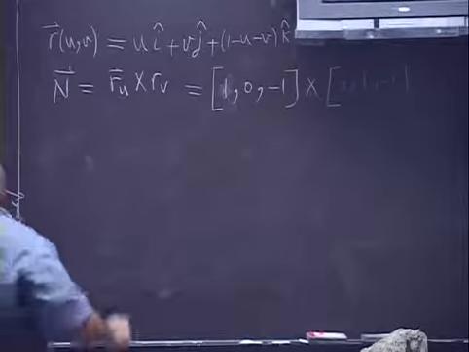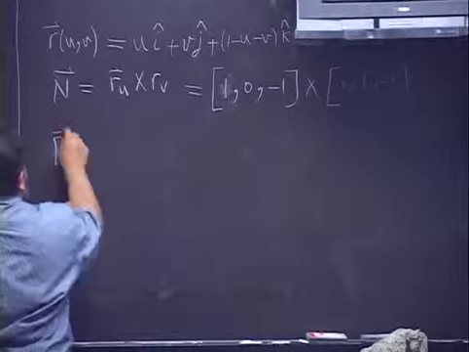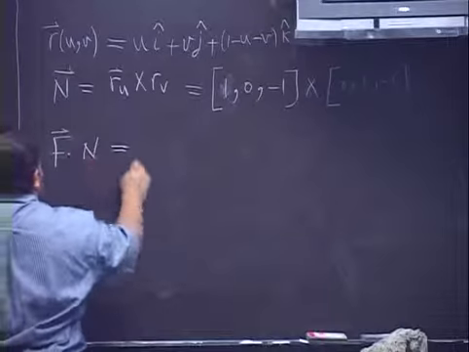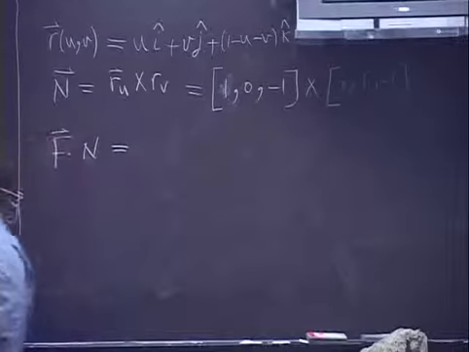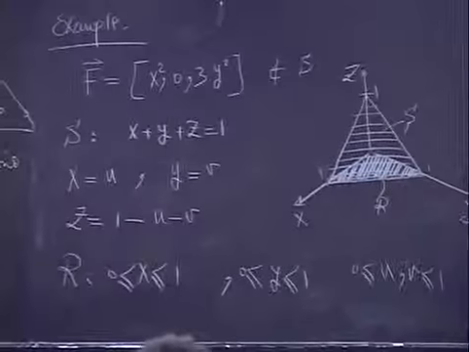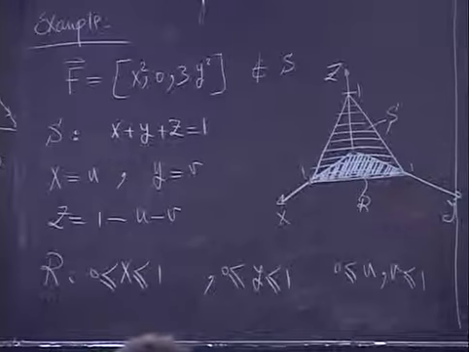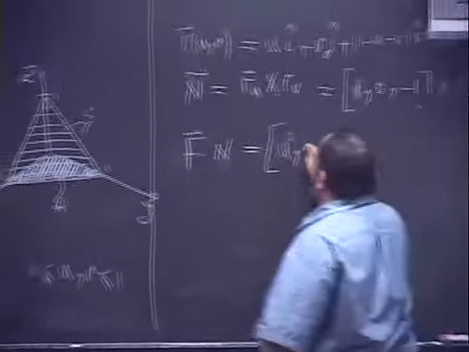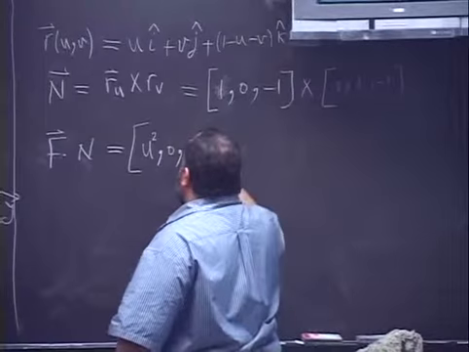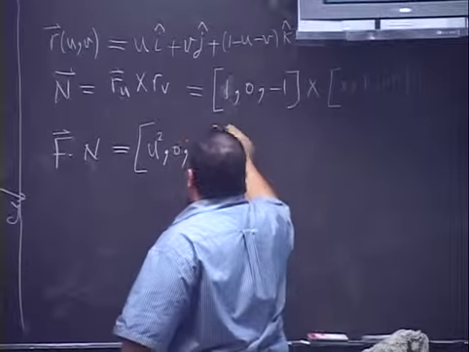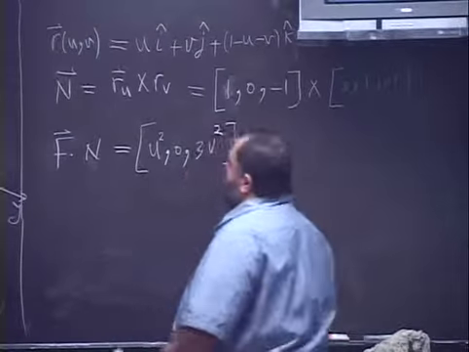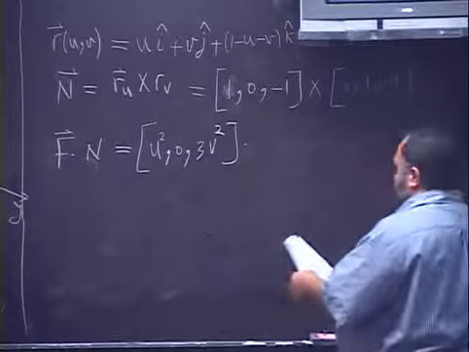So now, what's f dot n? What's the function f? F is u square, 0, and 3v square. Dotted with n.